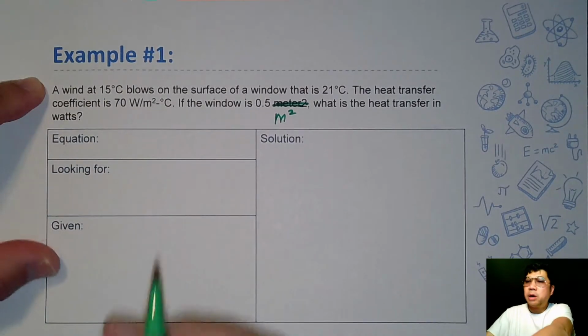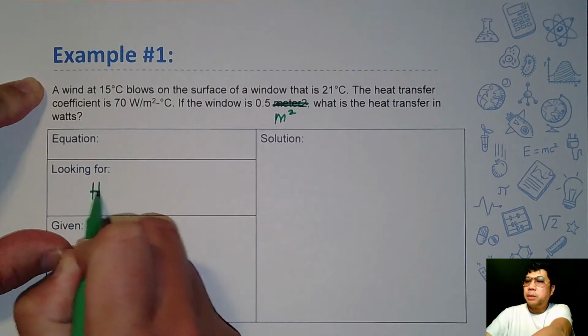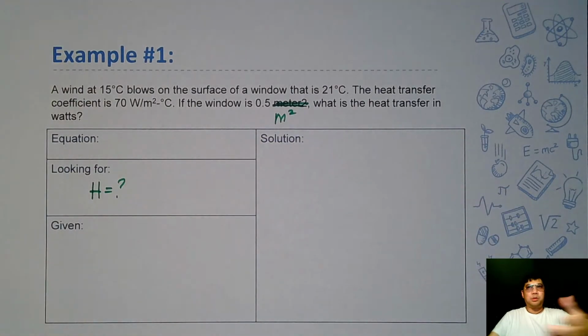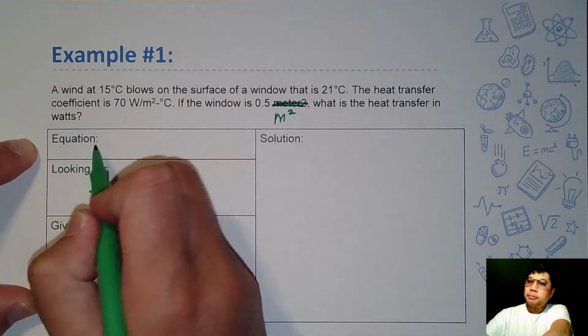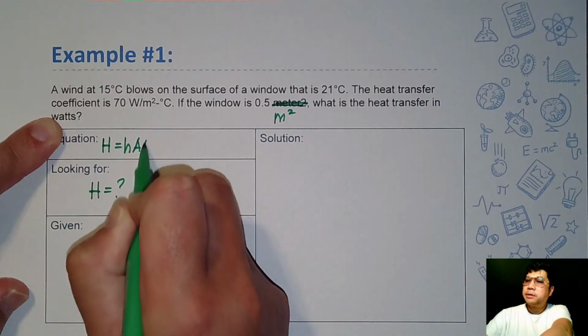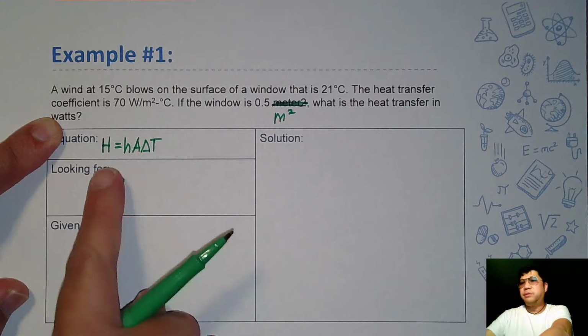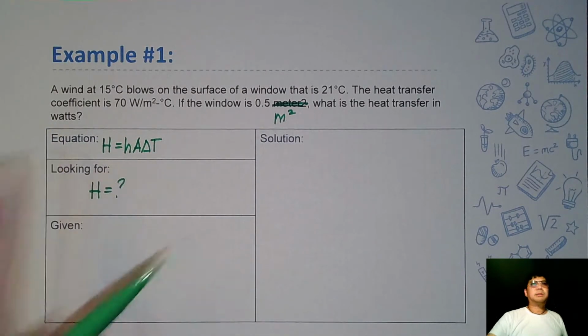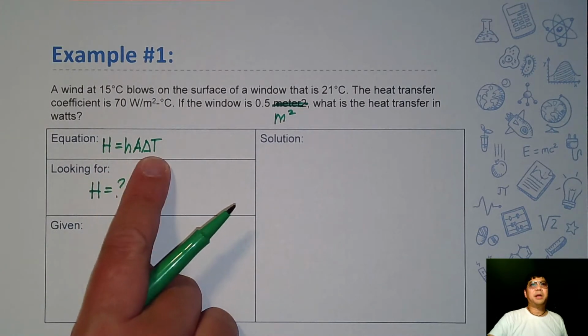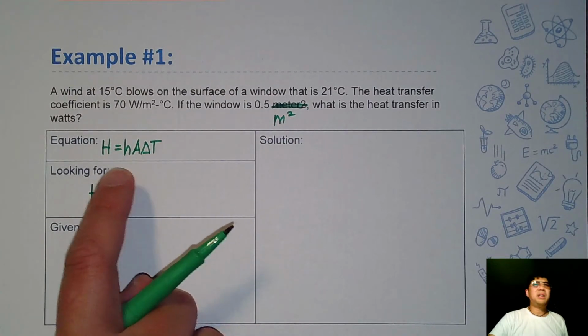So basically, we are looking for uppercase H. What is the value in terms of watts or in terms of joules per second? In this question, you're asked to show your answer in terms of watts. The equation is uppercase H equals h multiplied by A delta T. Just to correct myself, uppercase H is lowercase h multiplied by A delta T, or just say it's hAT.